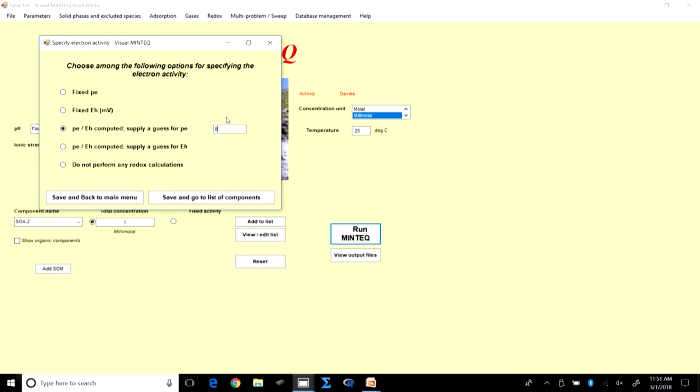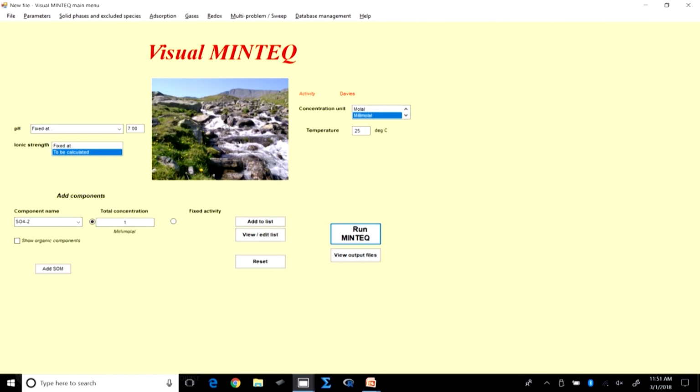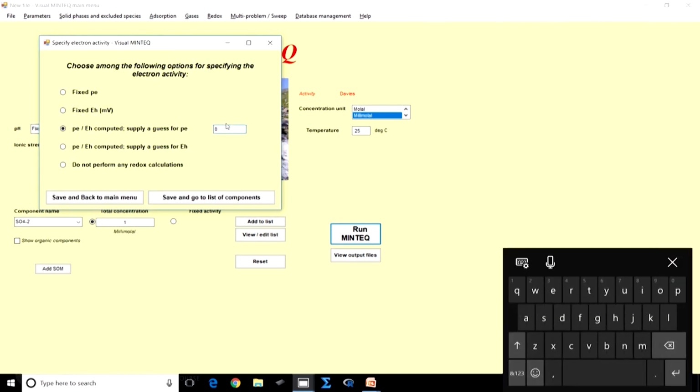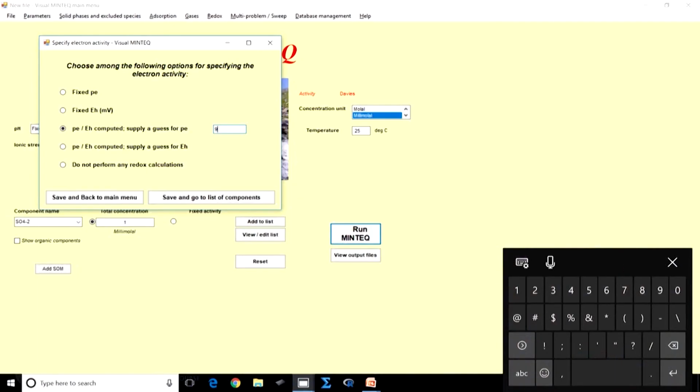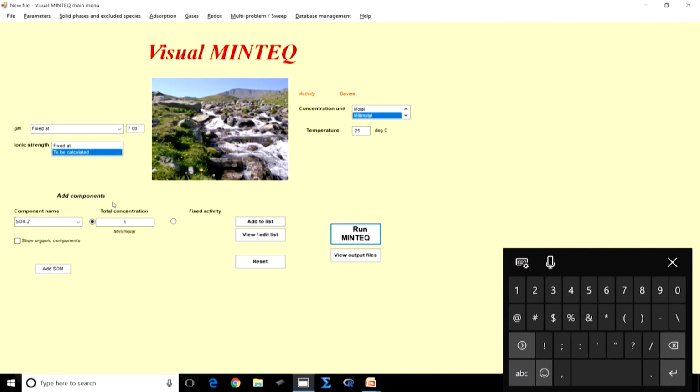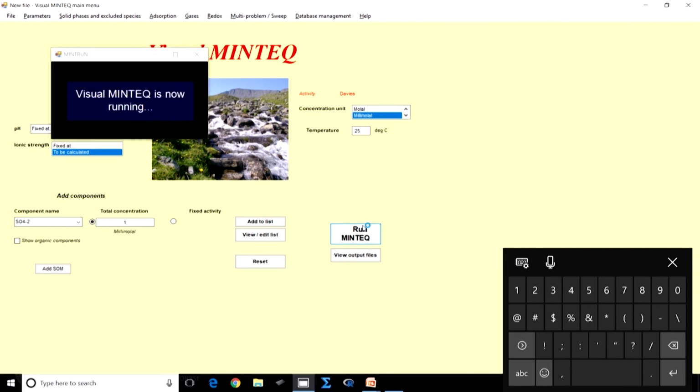Let me go with 10, and it's not switch key. Let's say I'm going to supply a guess of around 9. We know that the pE value is going to be lower compared to the value we had earlier, which was I believe 13.03. So let's go with that, save, back to main menu, and now run MINTEQ.